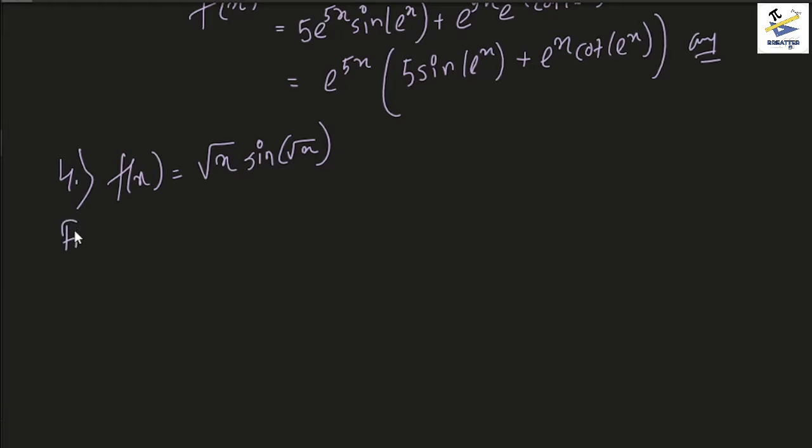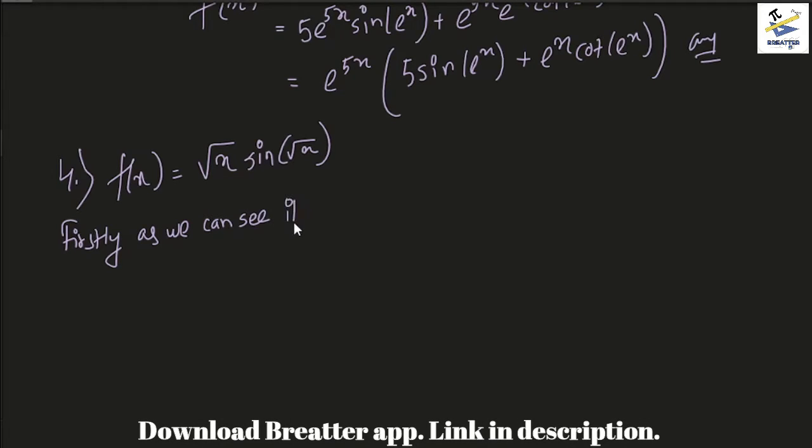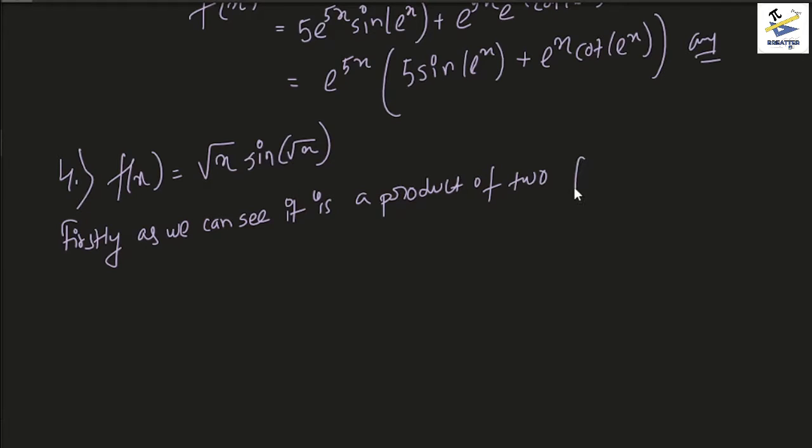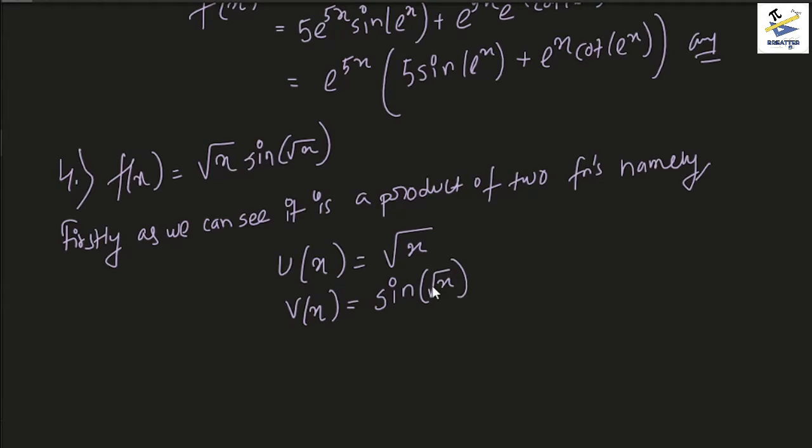So firstly, as we can see, it is a product of two functions, namely, so let me write down the names for these functions. u(x) equals root x and v(x) equals sine of root x, right?